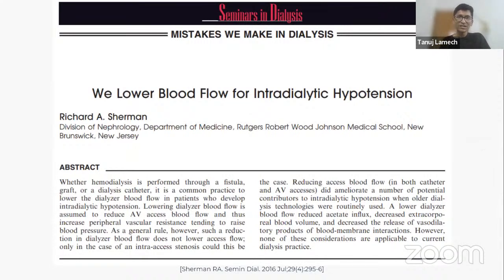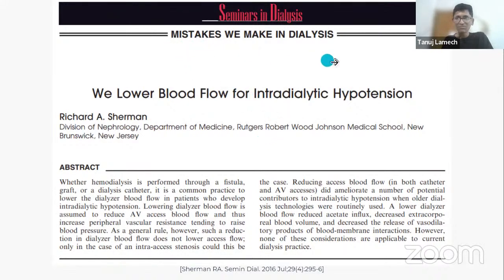The thing we always fear when we raise the blood flow rate is that it may induce intradialytic hypotension. Now, this is actually a misconception. Blood flow rate does not cause hypotension. This is a very practical aspect which we should remember when we're talking about urea kinetics. Raising the blood flow rate does not cause hypotension. There's this very nice paper which you can maybe read later.